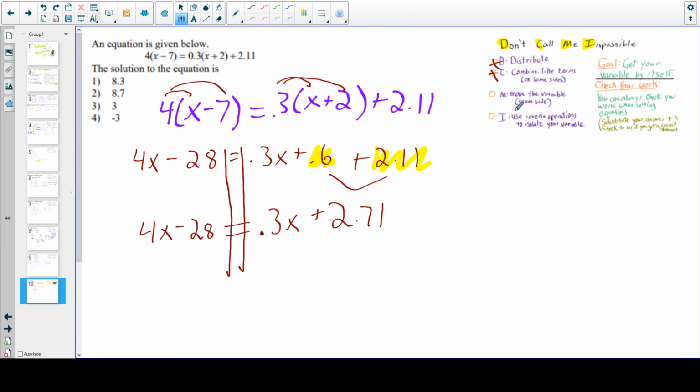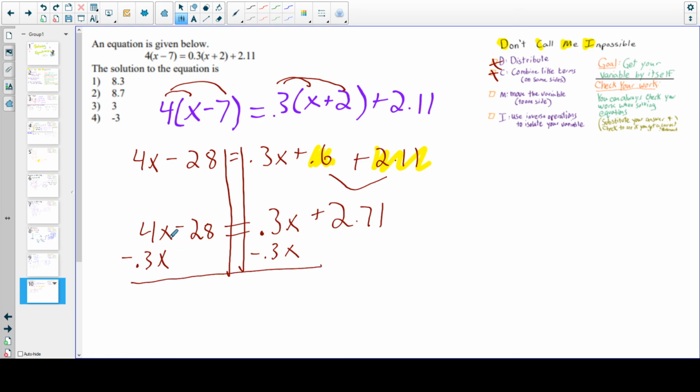Boom. Do I need to move my variable to one side? Yes, because I have an x on the left, an x on the right, so I got to move this person over. So the opposite of positive 0.3x is negative 0.3x. So we're going to subtract by 0.3x. Bam.